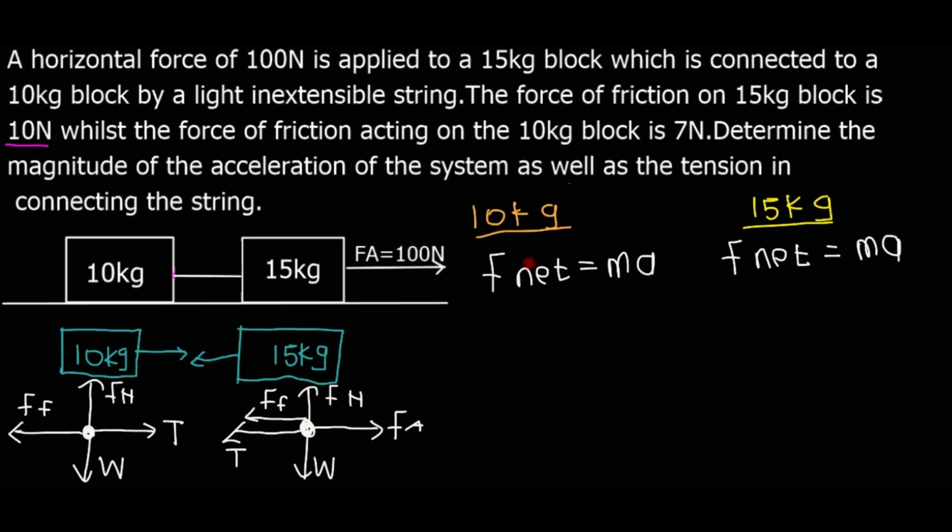And now we will substitute for this F net. What we know is that F net is the vector sum of all forces acting parallel to the surface or parallel to the direction of motion.